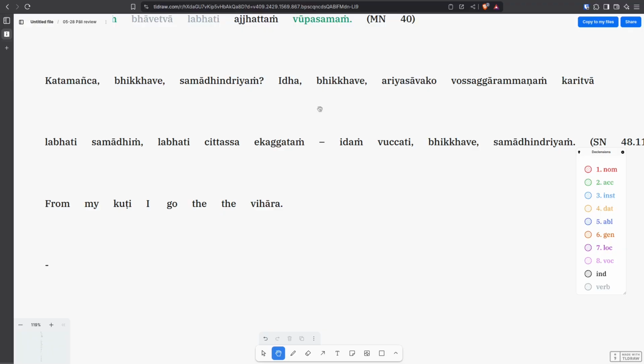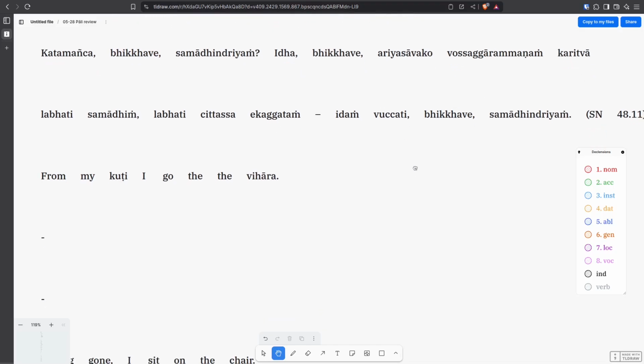So, Katamancha bhikkhave, is it? Yes. Okay. Katamancha bhikkhave samadindriyam. Idha bhikkhave ariyasavako vossaggarammanam karitva. So I need to adjust it a bit.